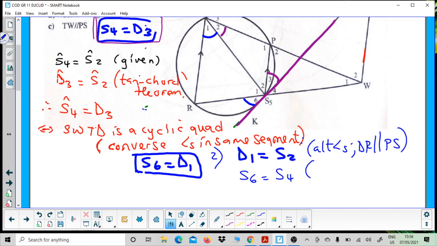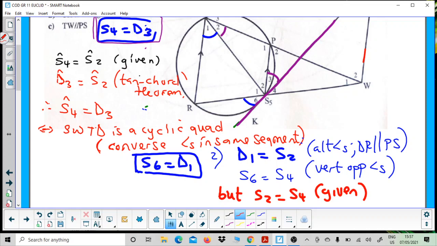What's the reason? Vertically opposite angles. Now, but let's do this. But S2 is equal to S4. This one was given. What can we conclude about D1 and S6 then?